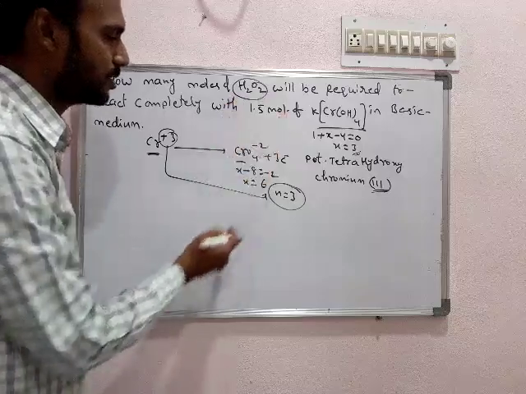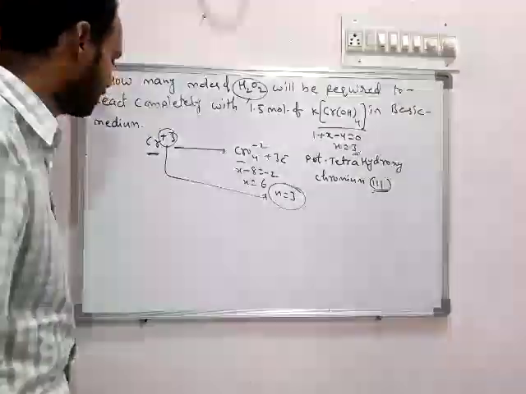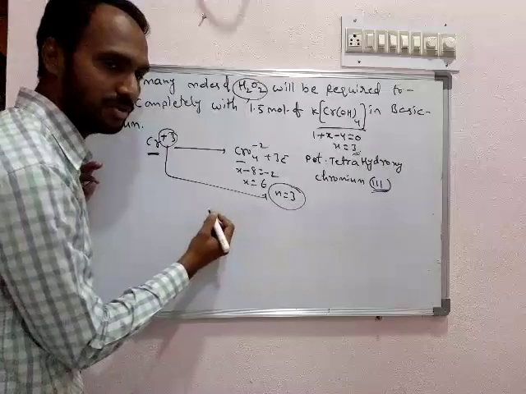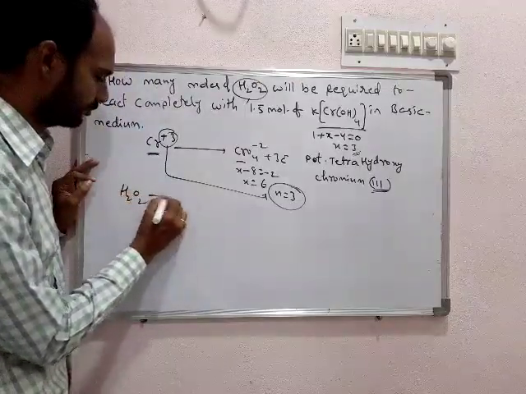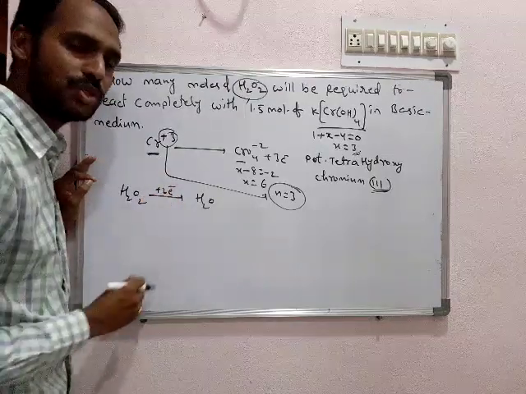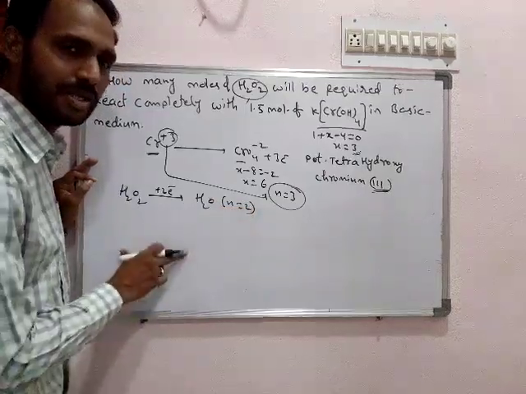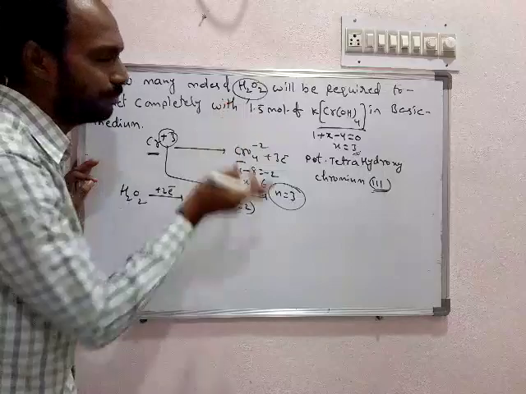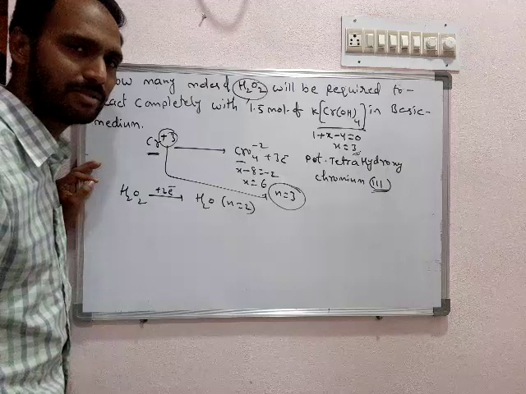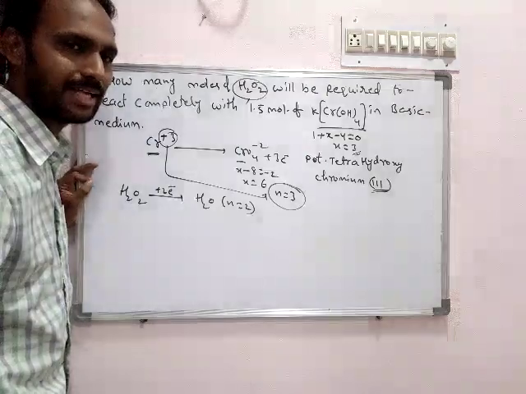Hydrogen peroxide is the oxidizing agent, and its n factor is 2 electrons. Volume terms are not given, and since the two reactants react completely, their equivalents are exactly equal.